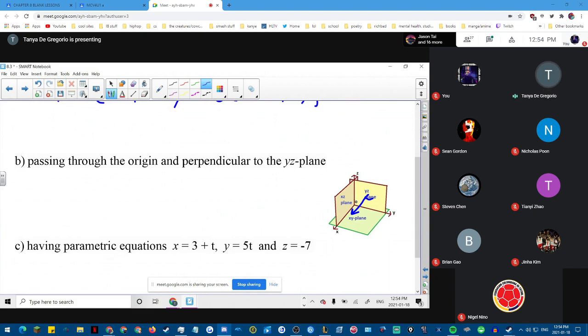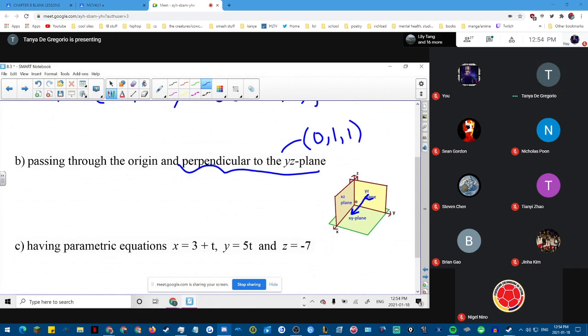In order for it to be normal with the YZ plane, what type of point does it have to be? If we lie on the YZ plane, then X is 0, any point where X is 0.